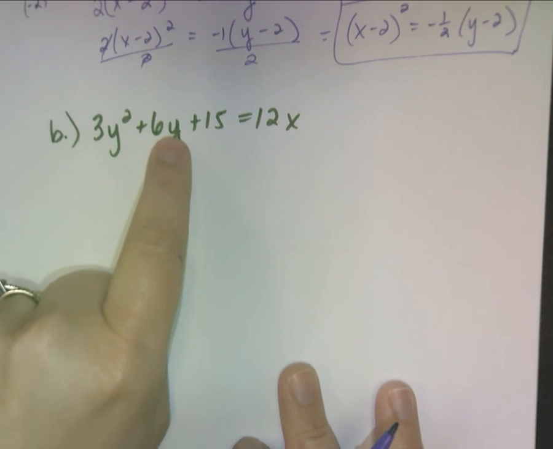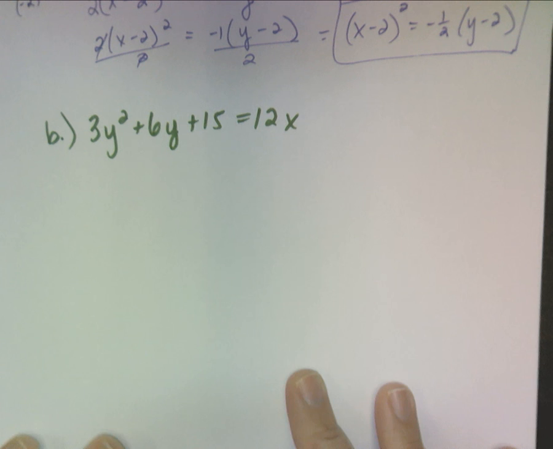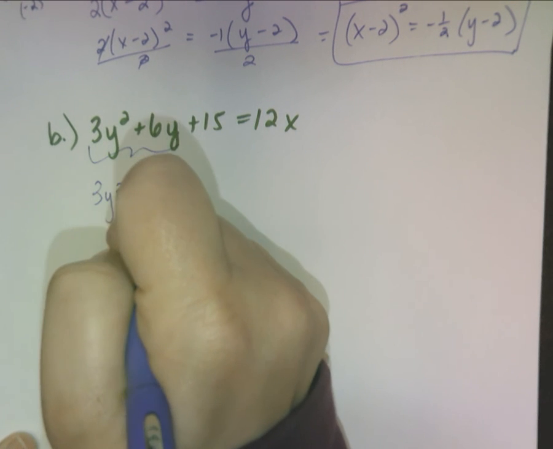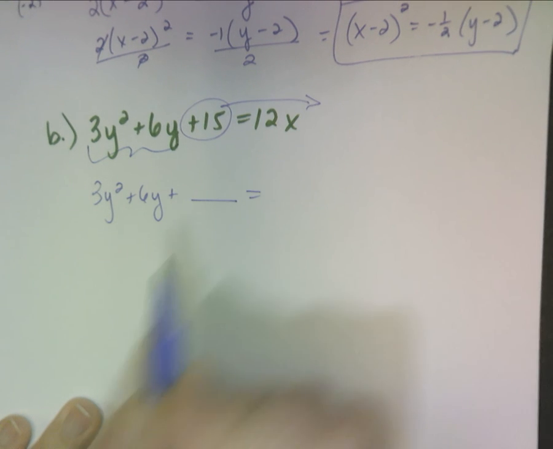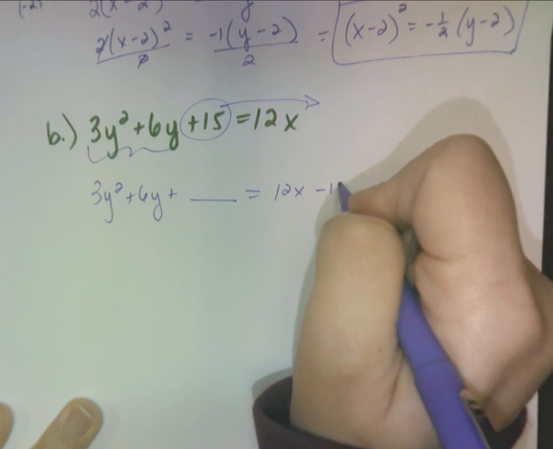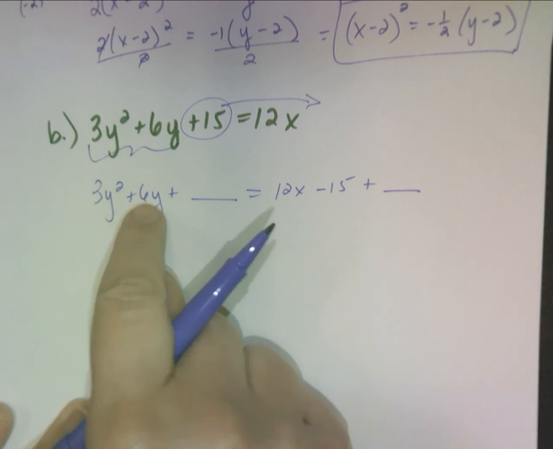3y squared plus 6y plus 15 equals 12x. You're going to keep all your squareds on one side. 3y squared plus 6y plus blank equals, move everything else over. So 12x stays positive, but 15 becomes minus 15 plus blank. Factor out a 3.